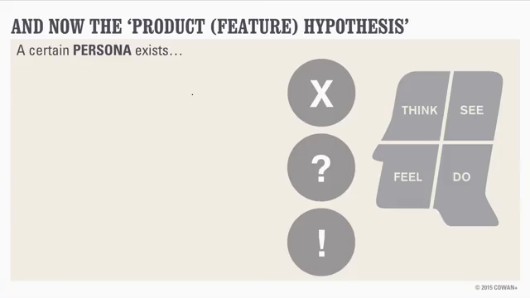We'll close with this idea of a product hypothesis. So we've talked about a culture of experimentation and how testing is central to Agile. So if we learn about these things, we can stitch them together in a nice testable formulation, which is that, okay, our idea for this product or this feature or this enterprise software deployment is that this certain persona exists, user, customer, and they have these certain problems, these certain jobs, these certain habits, whatever they are.